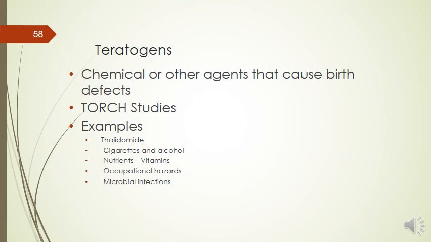Chemicals and other agents that cause birth defects are called teratogens, and teratogen is Greek for monster causing. While it's best to avoid teratogens while pregnant, some women may need to continue to take potentially teratogenic drugs to maintain their own health. Some examples of teratogens are thalidomide, which was a drug which could cause babies to be born without limbs.